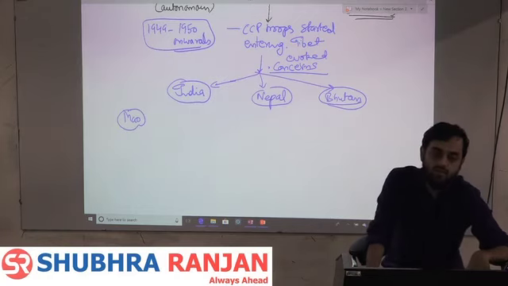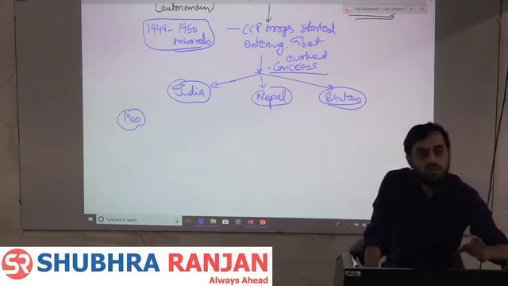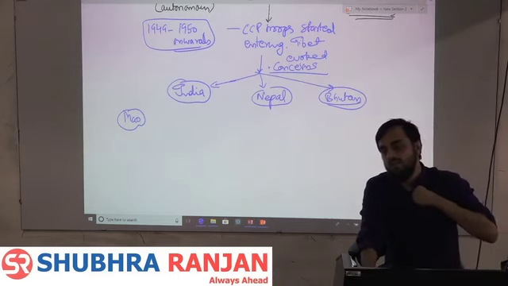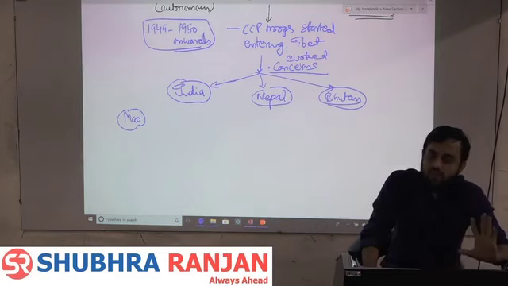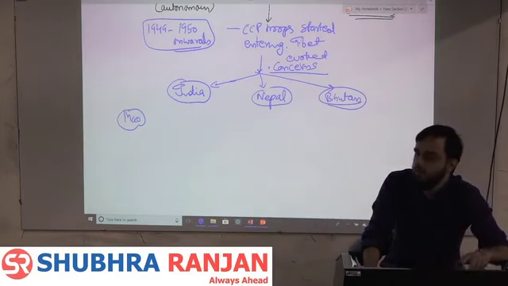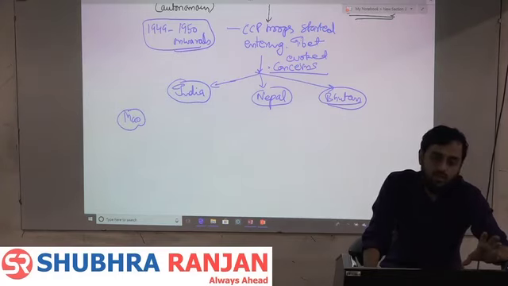So even if the Chinese leaders said that they want very friendly relations with Nepal and Bhutan, Nepal and Bhutan are very concerned. Why? Because China is expanding into Tibet and might try to expand into its adjoining territories.